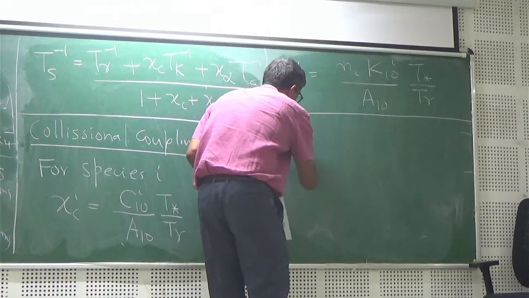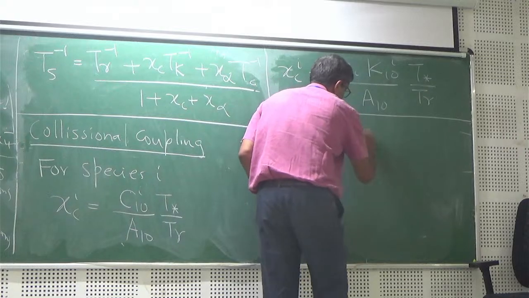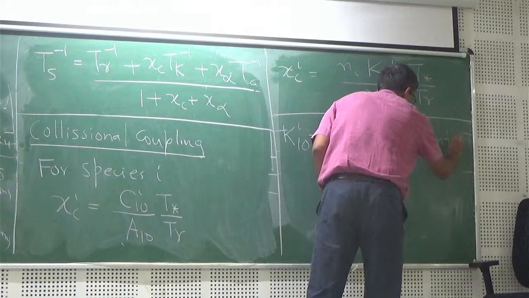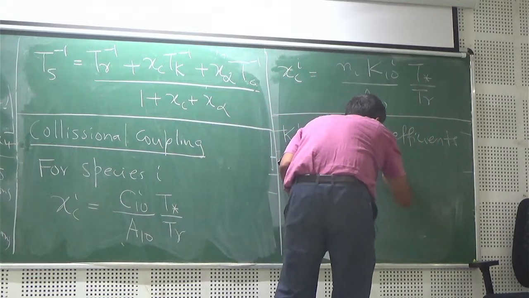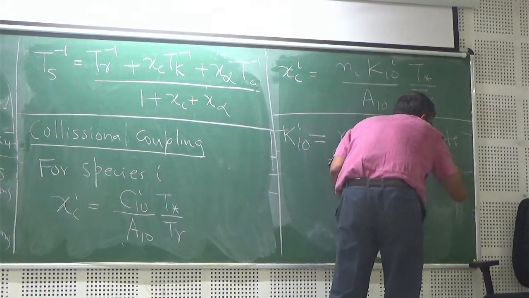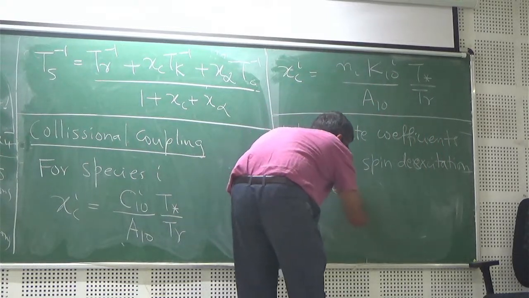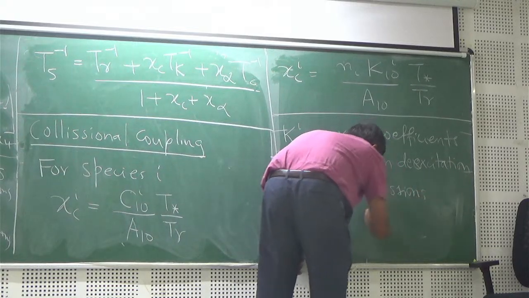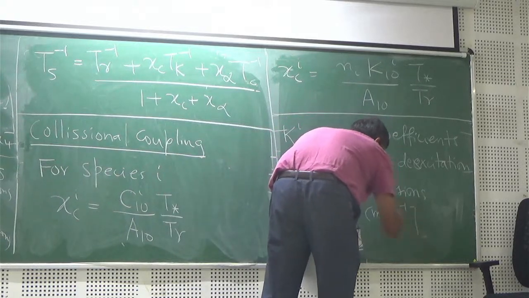So these kappa 10,i are rate coefficients for excitation. As units of volume per unit time.